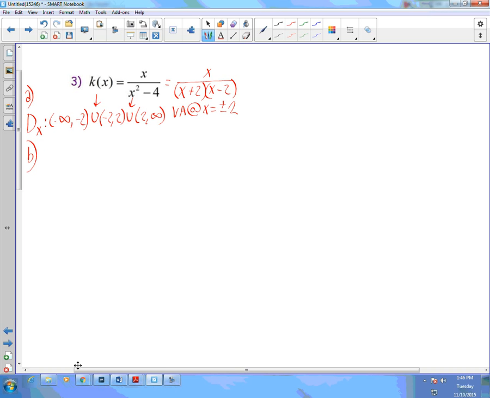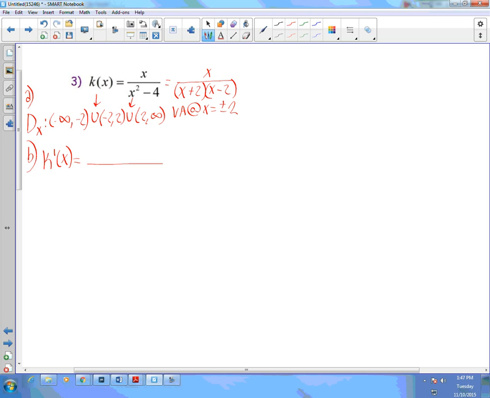So, k prime of x in this case, what rules can we apply? Quotient rule, what's it saying? Low d high minus high d low over low squared. Okay. The next one, can you do the numerator?